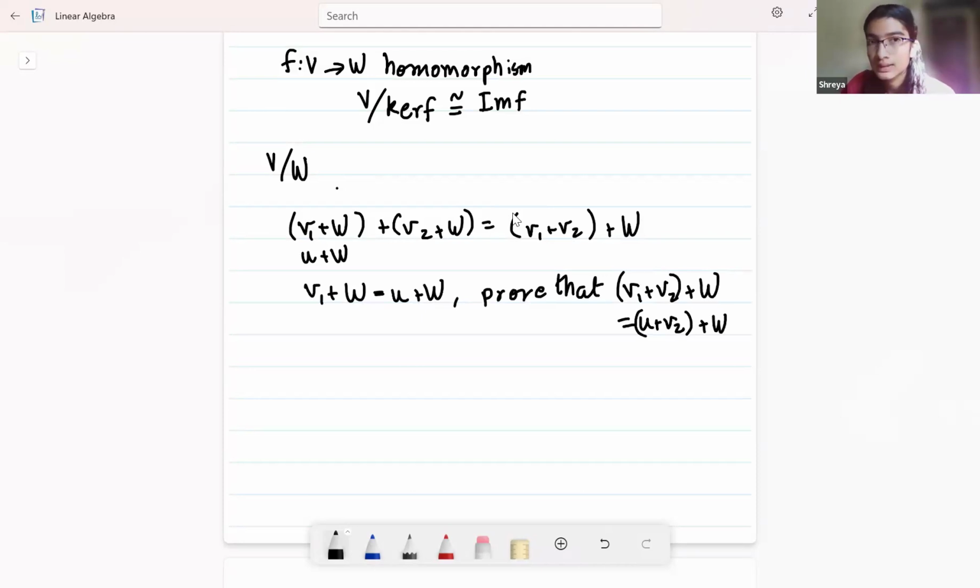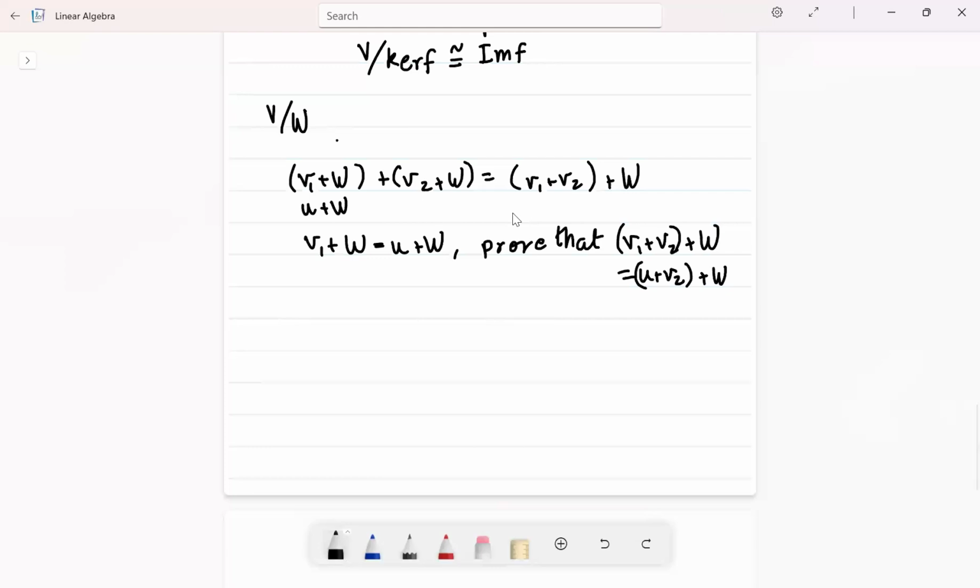And we need to prove the analogous thing for this one.